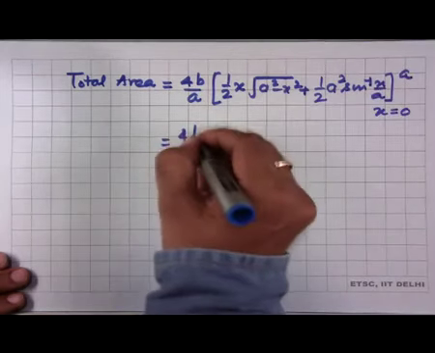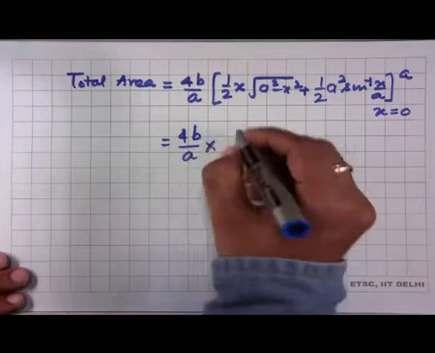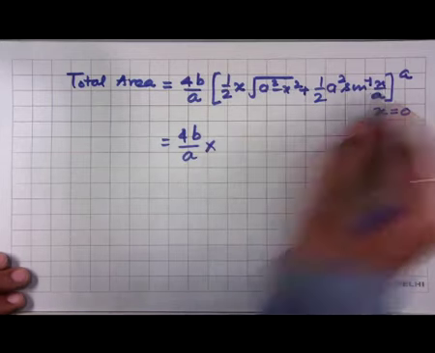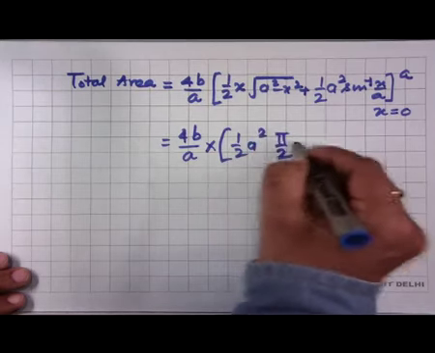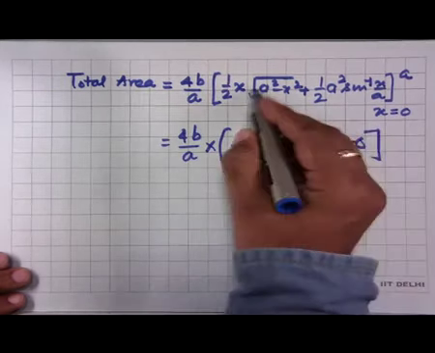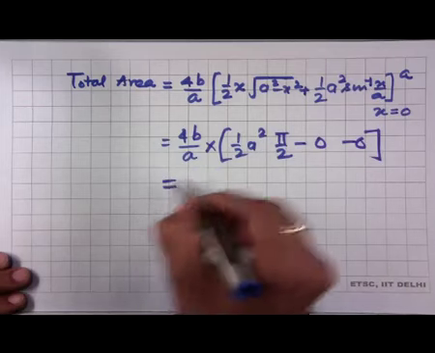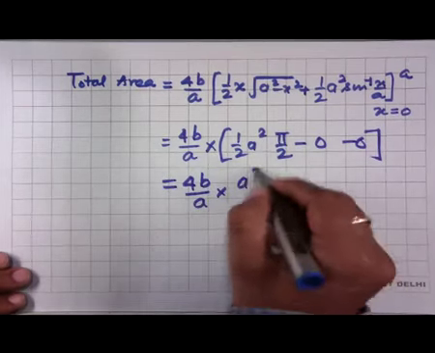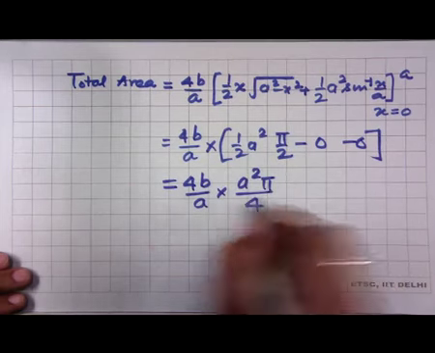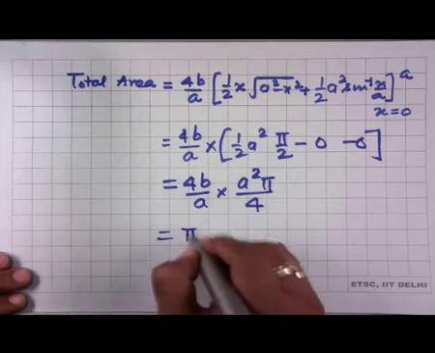So 4b by a into, at a it will be 0 and this will give you 1 by 2 a square pi by 2, minus 0 because at 0 it is 0 and this is also 0. So we get 4b by a into a square pi by 4, which is pi ab.